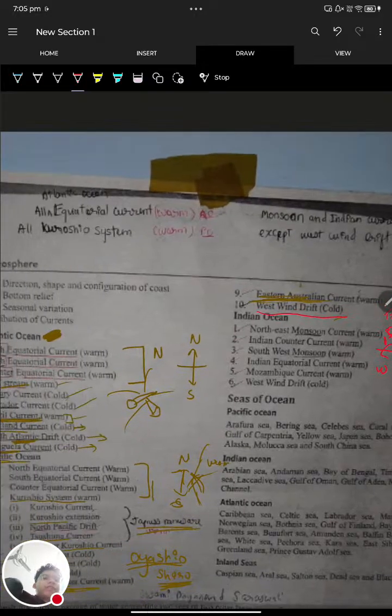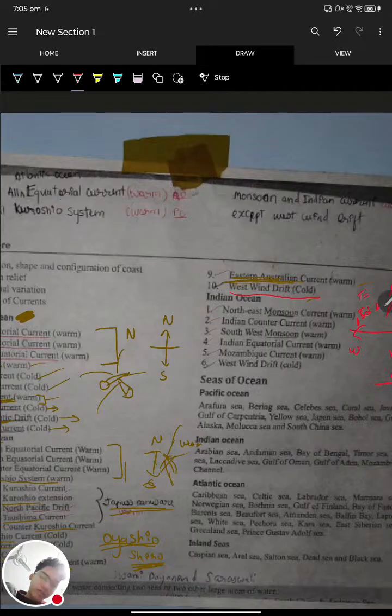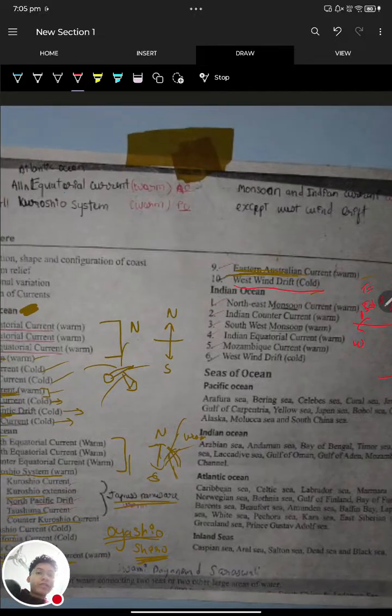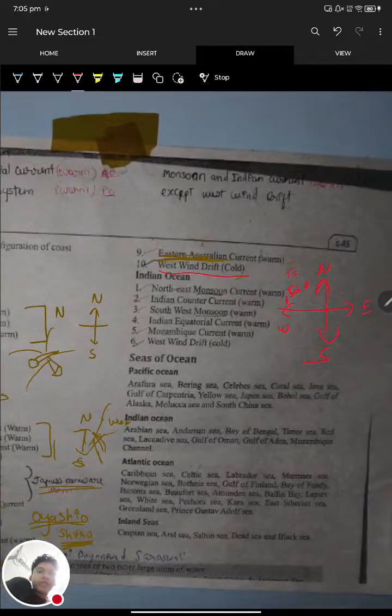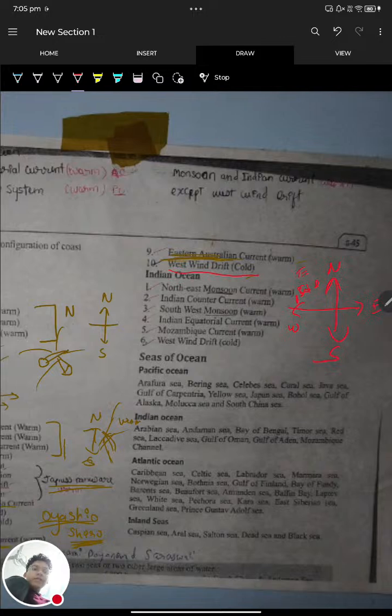West wind drift. When I said north south counter, you would say warm. When I say west wind drift, you would say warm. Sorry, cold. West wind, you all are going to Europe, so that would be cold. Now the Indian Ocean is mostly warm. Only the west wind drift in the Indian Ocean is cold.